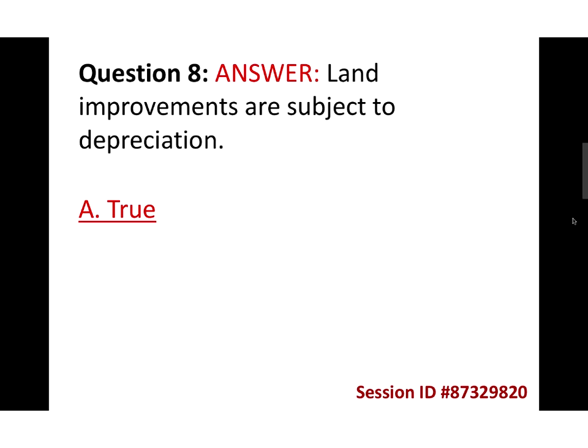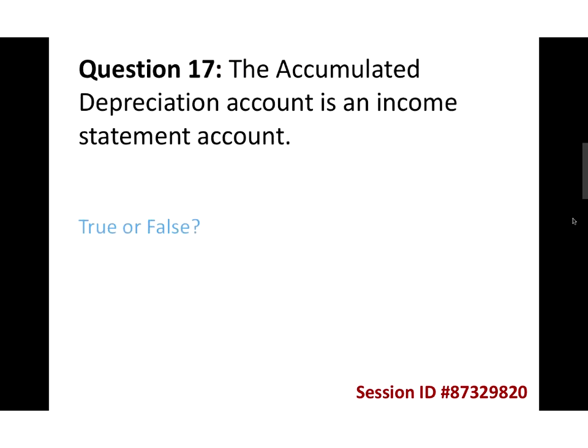Okay, let's try another one. The accumulated depreciation account is an income statement account. Oh, okay, so that does match. Let me see if I can give you some hints.